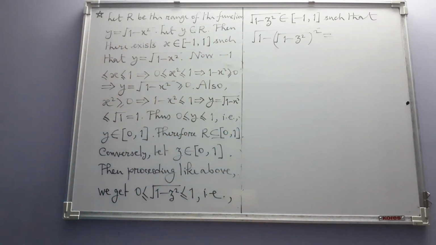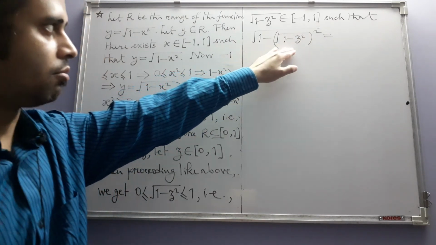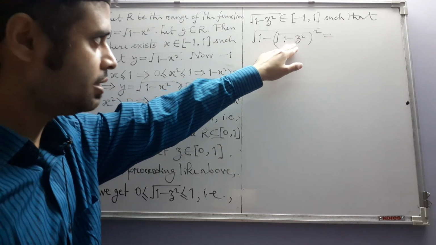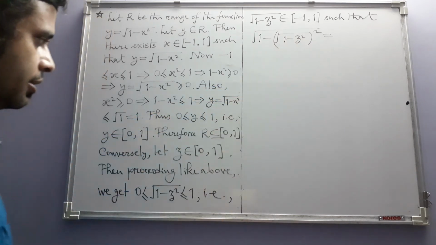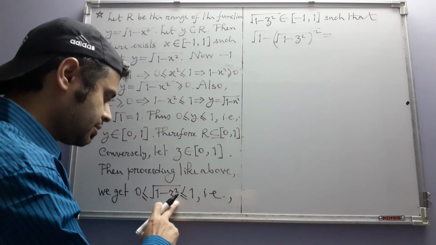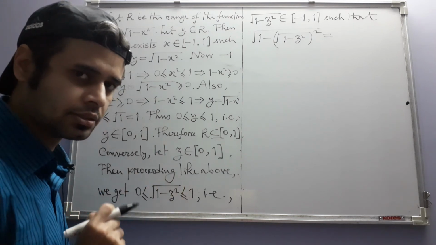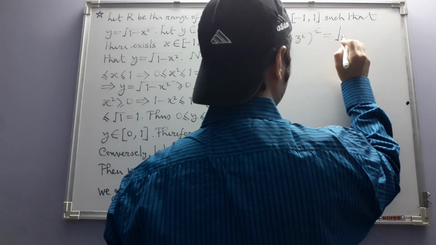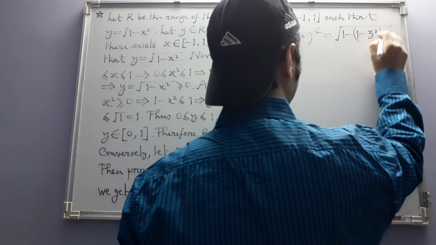then note that here we have square root and square, so you can cancel them, but what you write after that matters, and that depends on the sign of 1 minus z square, whether it is positive or 0 or negative. We have already seen that 1 minus z square is non-negative, and that's why this is a real number in the first place, this square root. So after cancelling the square and square root inside, you get 1 minus z square itself.